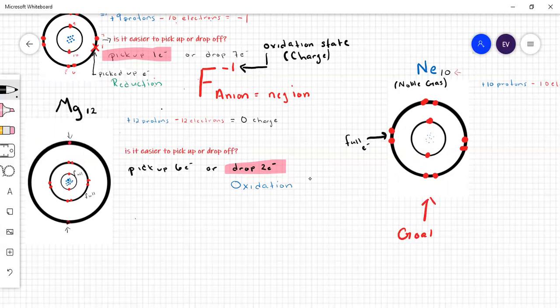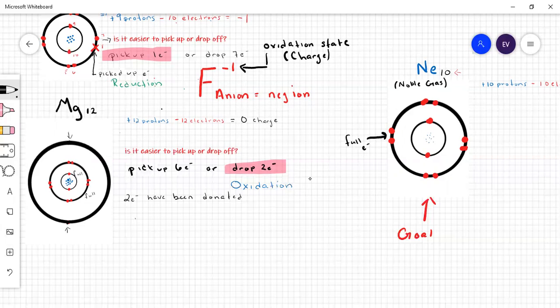I'm going to color them in here. Boom, gone. Okay. So those 2 electrons have now been donated to something else, and they're gone.